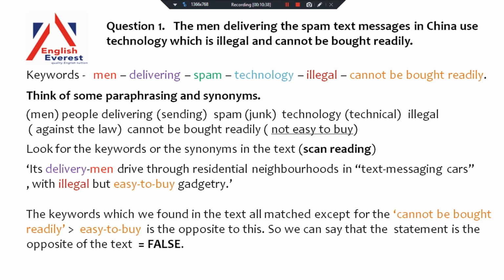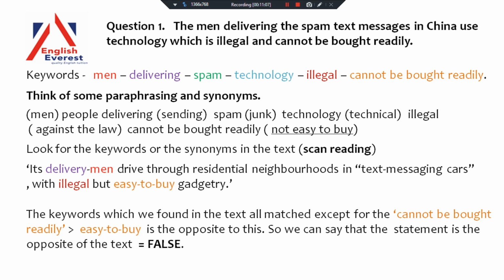Sending. Sorry, for men I've got people. For delivering I've got sending. For spam I've got junk. For technology I've used technical. For illegal I've written against the law. Cannot be bought readily, my mistake. Not easy to buy, or cannot be bought easily. But not easy to buy is probably a more simplistic thing to use.